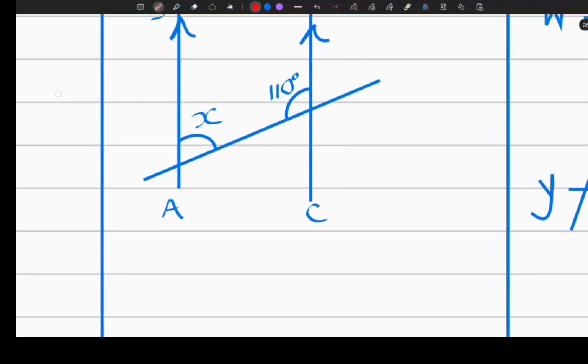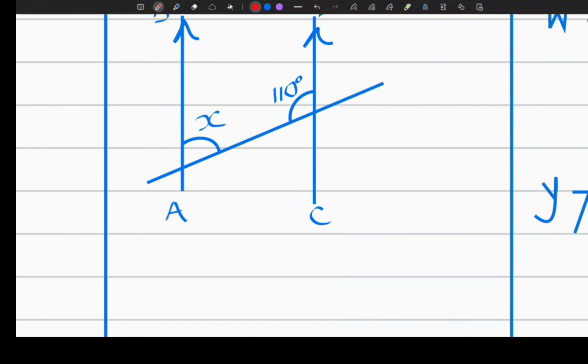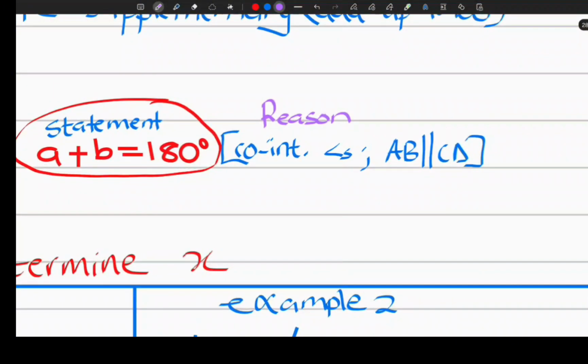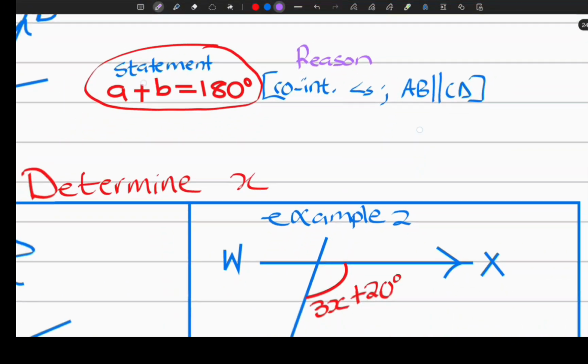So in this case, all we have to do is to say angle x plus 110 degrees is equal to 180 degrees. That's our statement, and we're going to support our statement with a reason. The reason is basically what we said here. This is how we write our reason for co-interior angles.